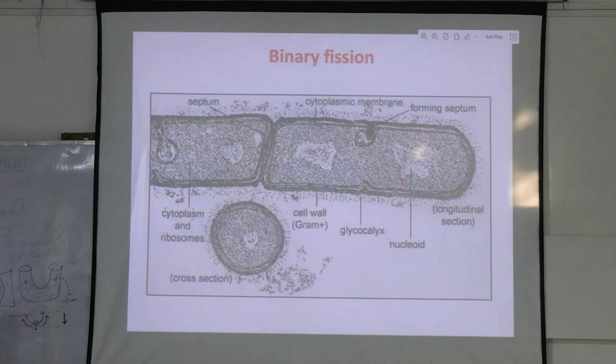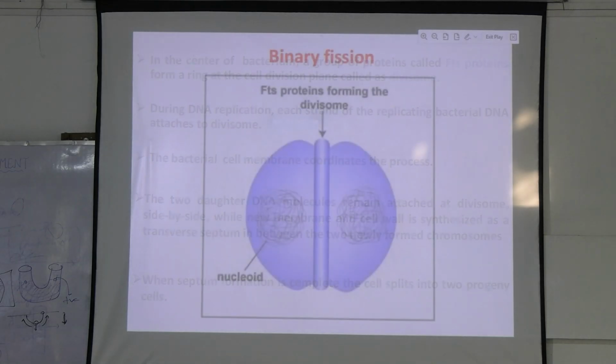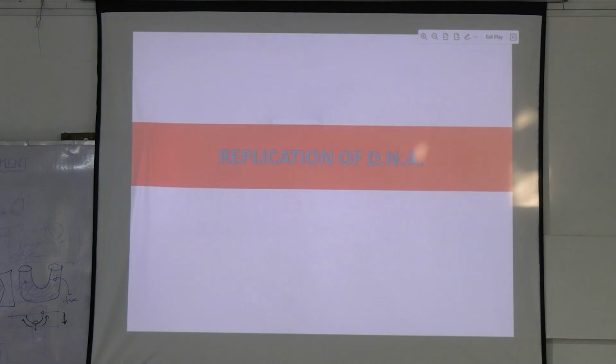So this is the way binary fission occurs. Now, I've already told you the first step of binary fission is replication of the DNA.